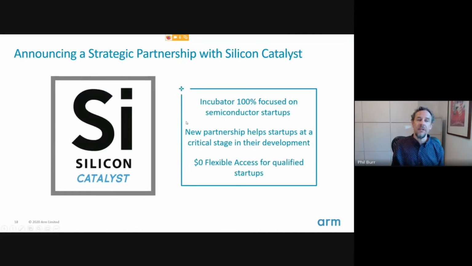And what we've recently done is announce a strategic partnership with Silicon Catalyst. They're an incubator who are entirely focused on silicon startups.